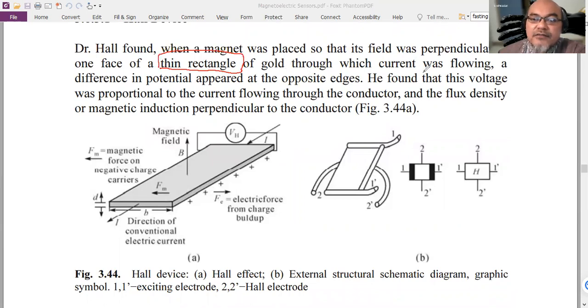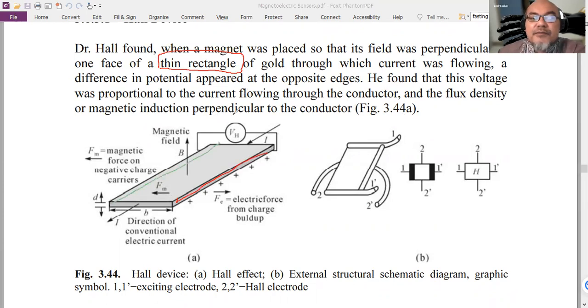Remember this keyword: it is a thin conductor through which current is flowing. A difference of potential will occur at the opposite edges of that thin conductor, between this edge and the other edge here.